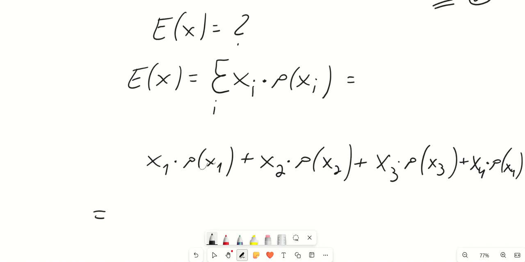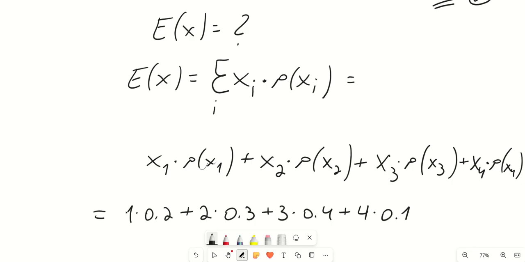So we had a value of 1 with a probability of 0.2, and then a value of 2 with a probability of 0.3. Then we had a value of 3 with a probability of k, which we calculated to be 0.4, and then a value for x of 4, and the probability for that is 0.1.